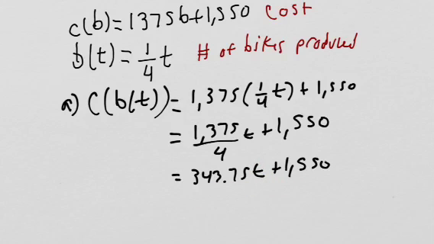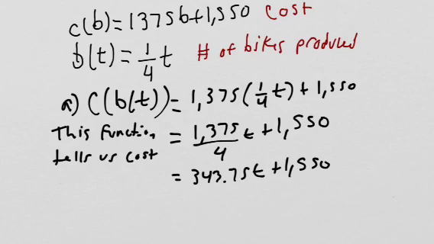Okay, so we say this function tells us cost per hour to run our company. And again, that's just because this function tells us cost per bike. This function tells us how many bikes we can produce per hour.